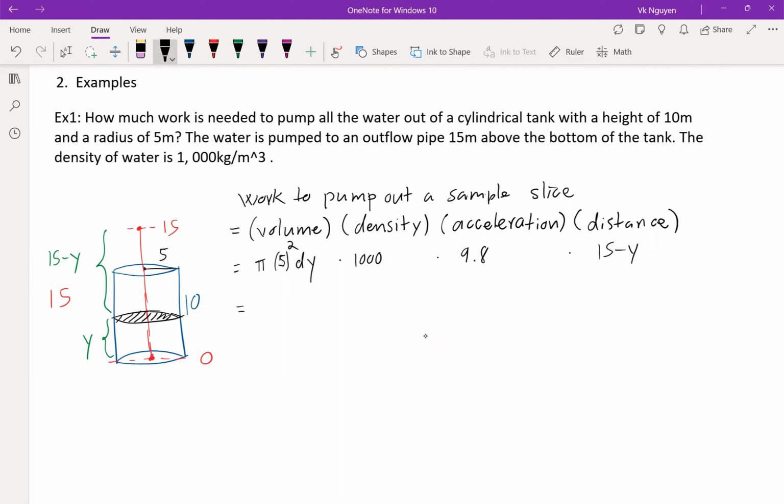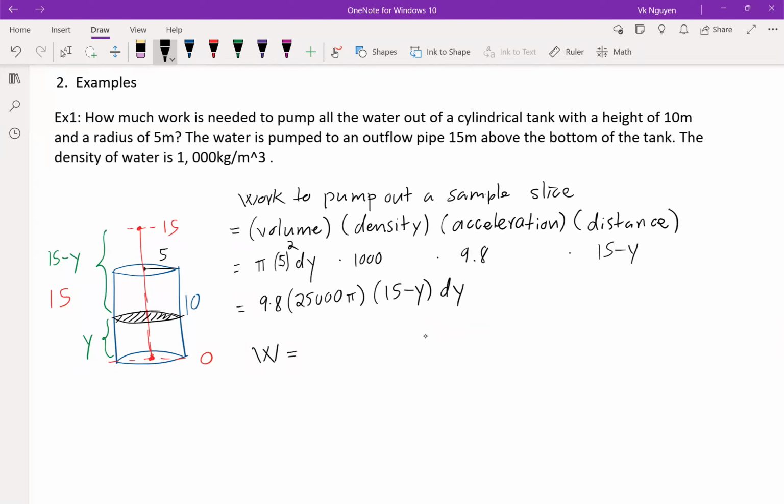Let's just simplify this a little bit here. It is 9.8 times 25,000 pi times 15 minus y dy.